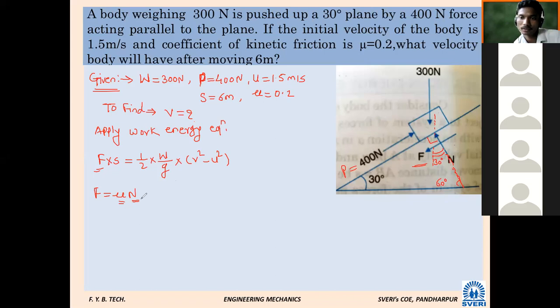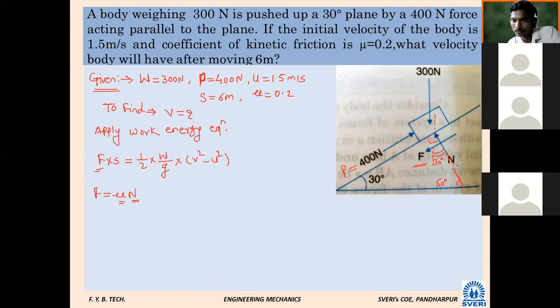If you resolve the forces, what will be the angle made by this 300 Newton force with the inclined plane?